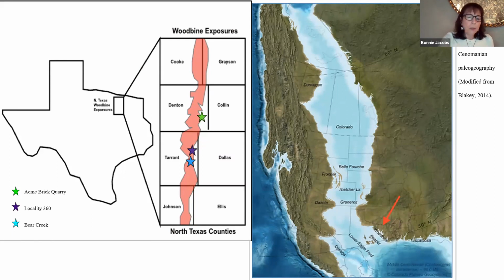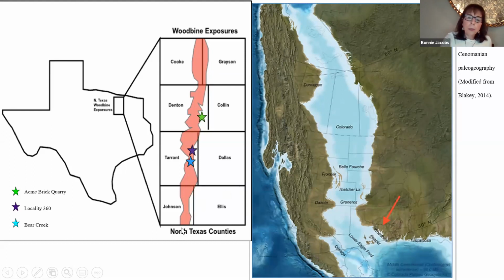Now, back 96 million years ago, there was a shallow interior seaway that went all the way from the old Gulf of Mexico up to the Arctic. And it basically divided North America into an eastern part and a western part. This arrow shows us, so you are here, 96 million years ago, and the deposition location for the Woodbine Formation.